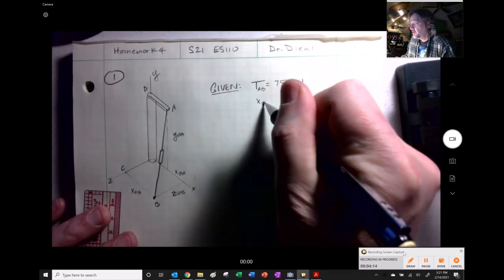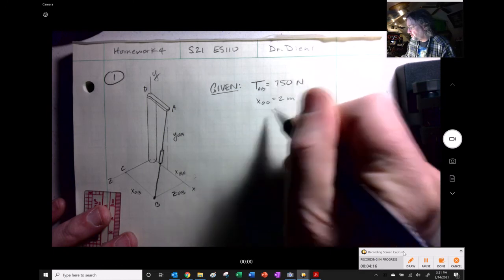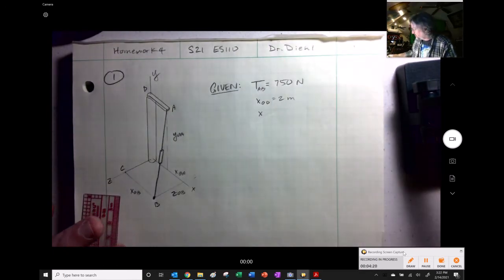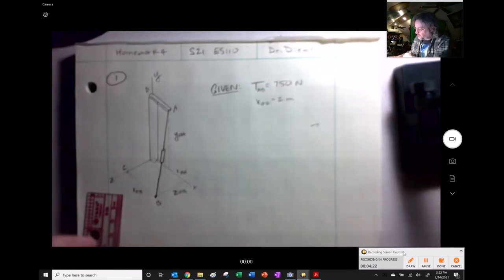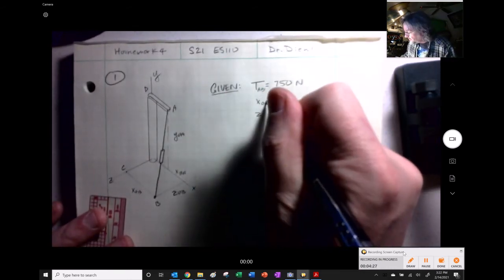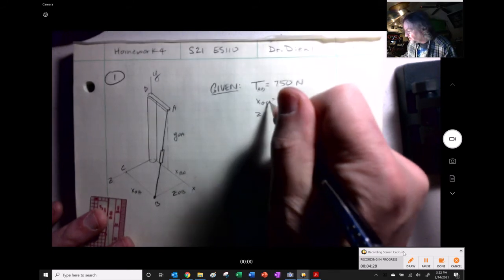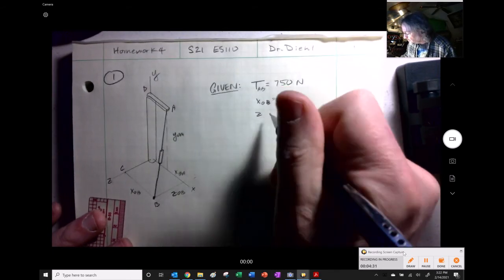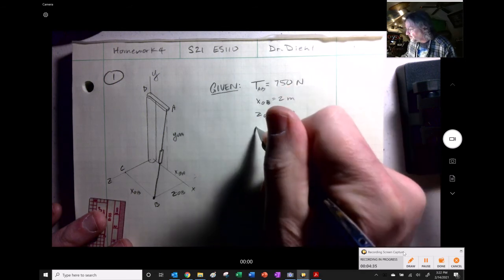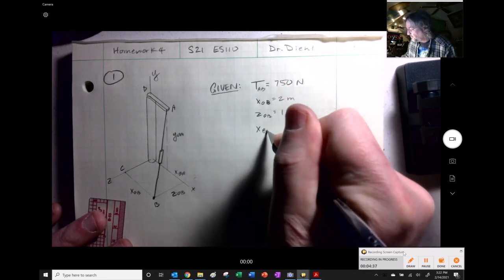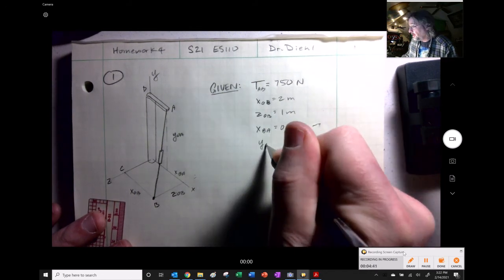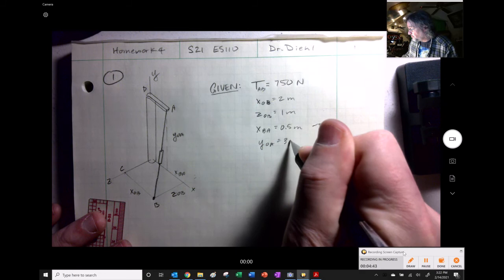Let's see. Other things. We have the XOB is 2 meters. I'll go in the order in which we were given. Oops. I gotta get a new eraser for my pencil. Z, that looks like an OD. Should have been OB. I'll fix it. OB is 1 meter. XBA is 0.5 meters. And YOA is 3.5 meters.